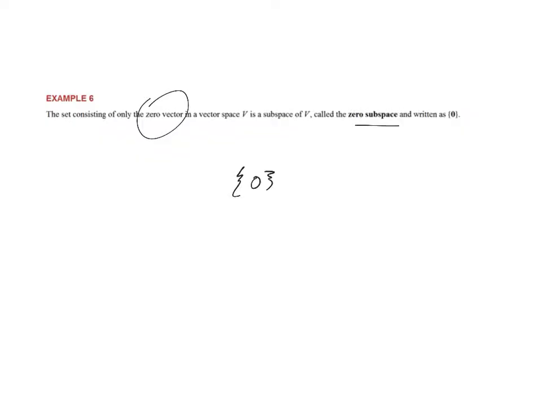Does the 0 subspace contain the 0 vector? Yep, there it is. If I add 2 vectors within that subspace, that is 0 plus 0, do I produce a 0 vector? Yep, I do. If I multiply any scalar times the 0 vector, do I produce a vector that's in that subspace? Yep, there it is. So the 0 subspace, while not very interesting, is a subspace of a vector space V.